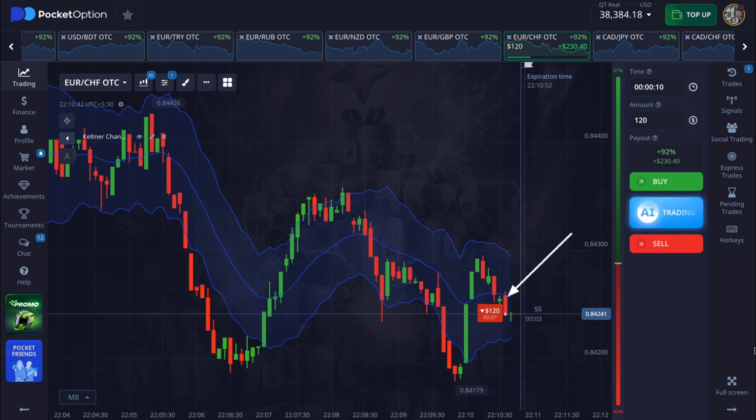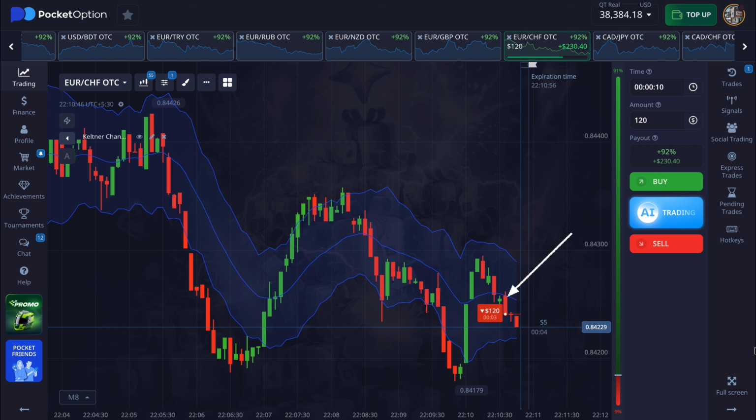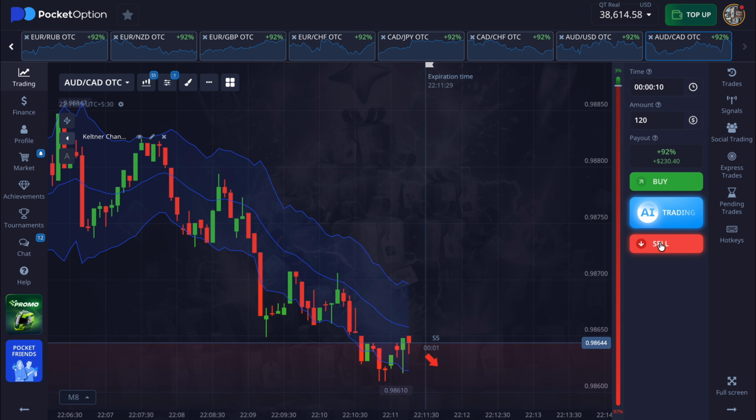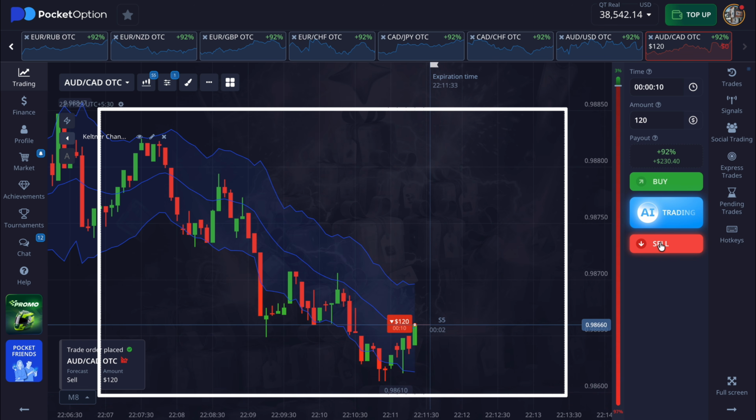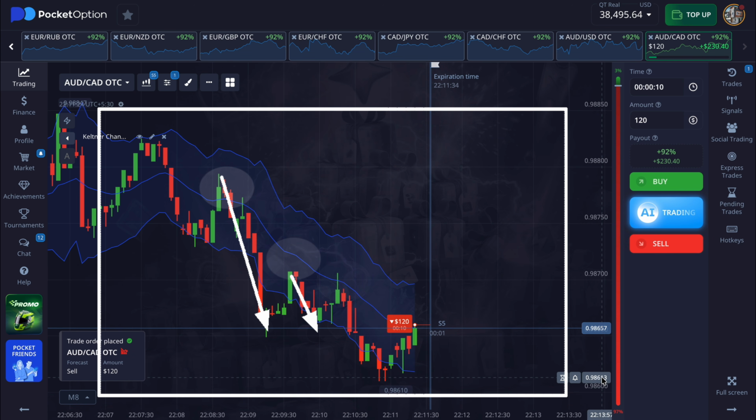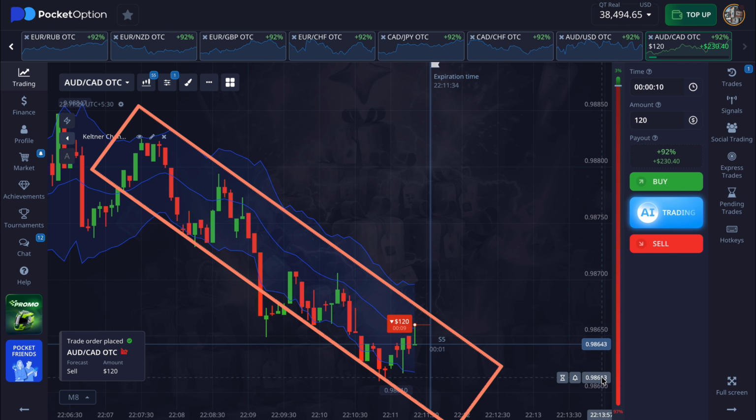Here the candle has broken below the middle line again, which suggests that the market may continue the downtrend from here. Now, this chart pattern fits comfortably into the second category because many times it comes back near the middle line and then moves downward again. And the overall market movement is also in the downward direction.